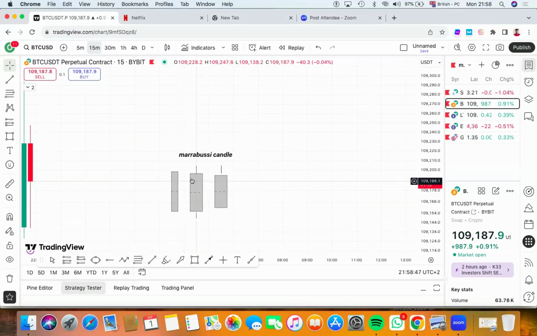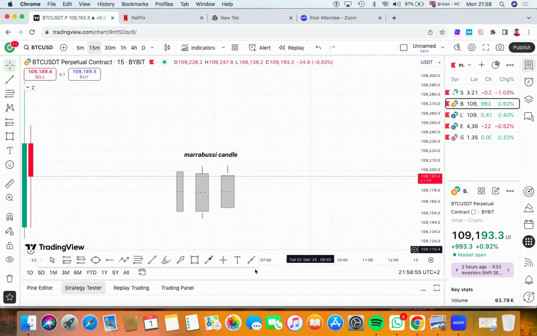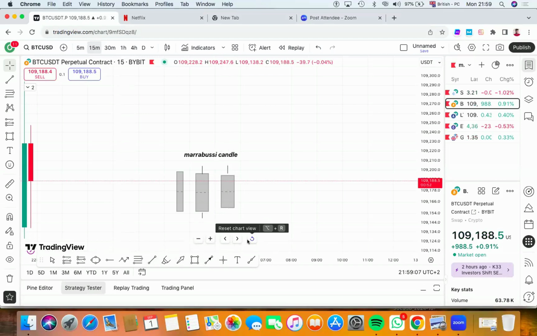For you to be able to know that you are in an inefficient area in your chart, and to confirm that it's a real fair value gap or an imbalance, you have to be able to spot three Marabozu candles which are following each other consecutively, and there is a gap between them.